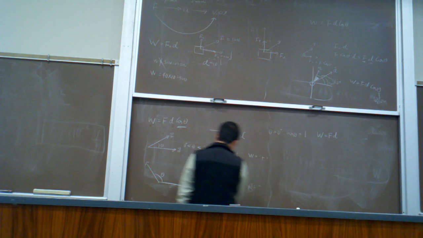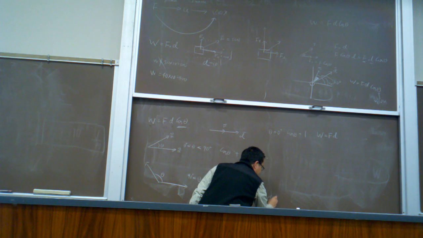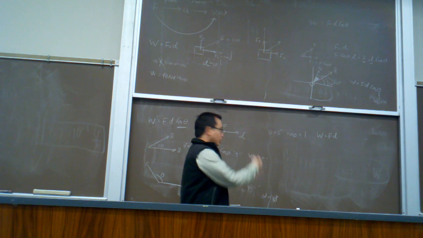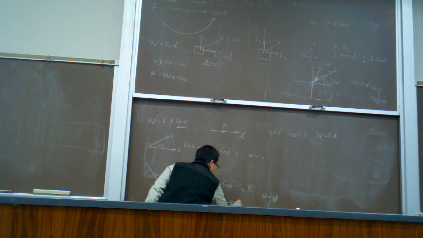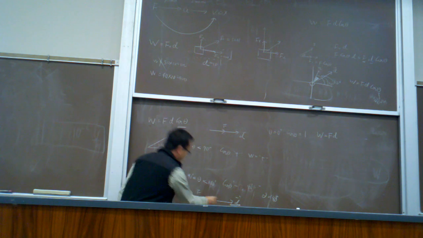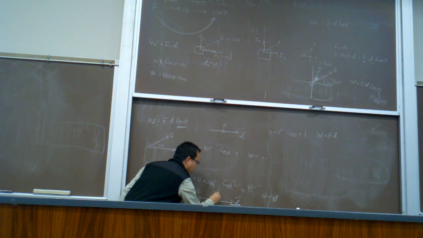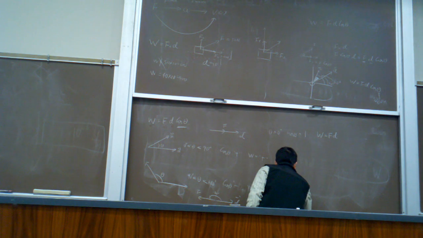Another case is you consider another limiting case. If angle theta equals 180 degrees, that means this is the direction of the motion. This is the force. They're completely opposite to each other. In this case, what is cosine theta?